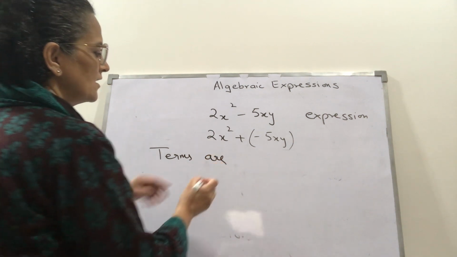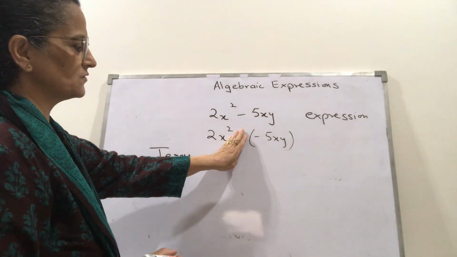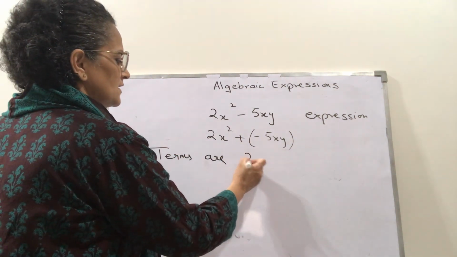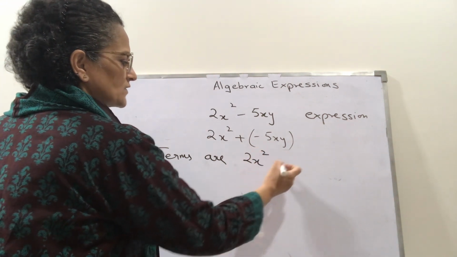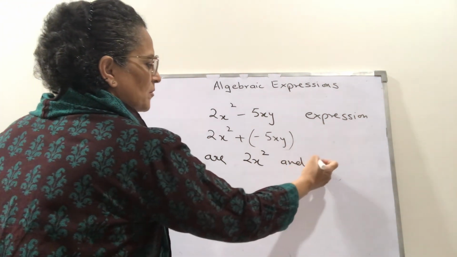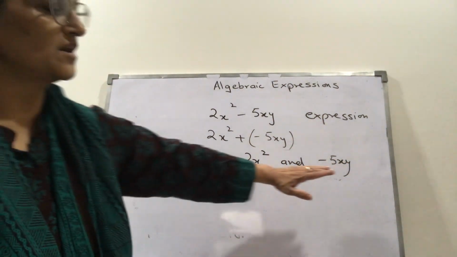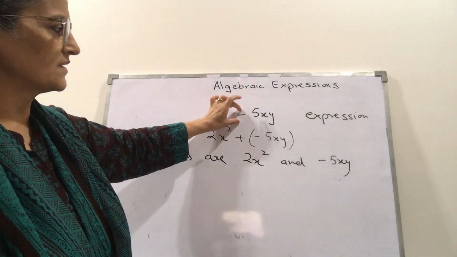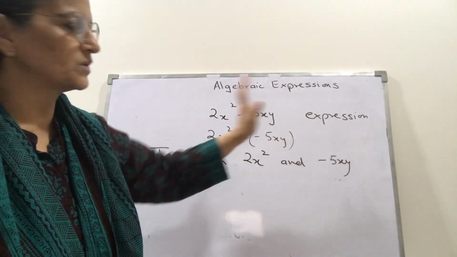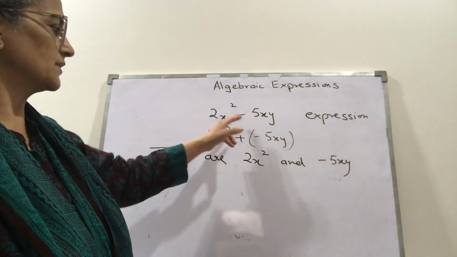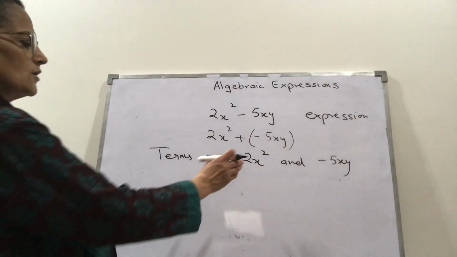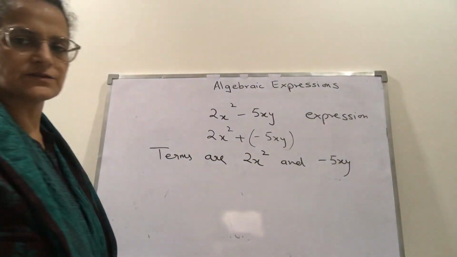When you are talking about terms, we remove this plus sign. So my terms are 2x square and minus 5xy. So in case a minus sign is there in my expression, it goes with the term written after it. And these are the terms. Now each term has its factors.